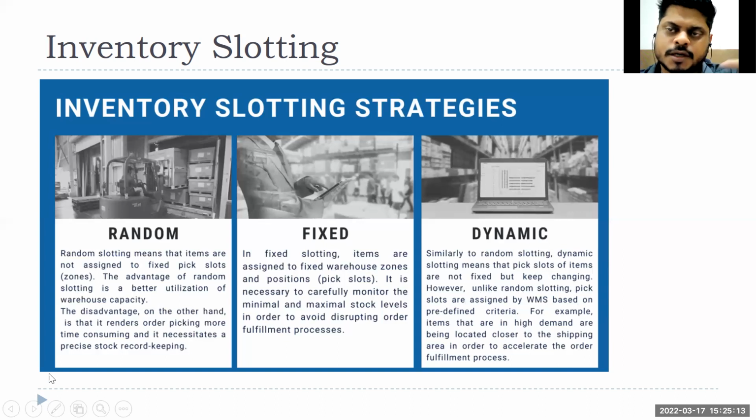But in random, wherever you can keep, whenever the order comes, you scan it, you put a label, put it somewhere, right? For example, items that are in high demand are located closer to the shipping area in order to accelerate the order fulfillment process. For this you need certain artificial intelligence. Holi is coming, certain items, or Diwali is coming, certain items will be in huge demand based on past data.